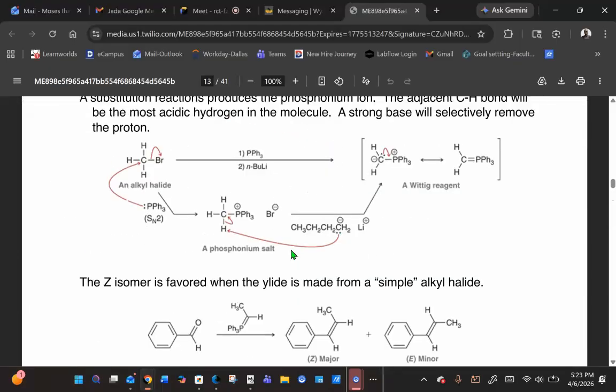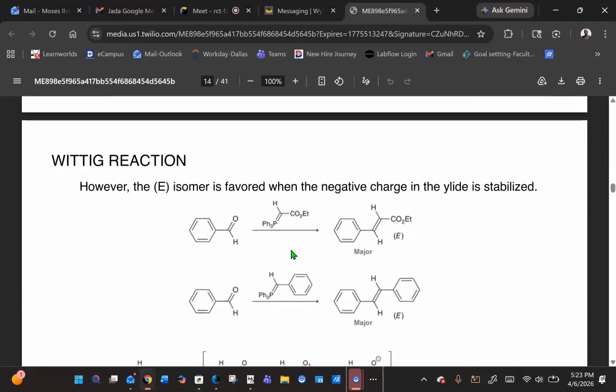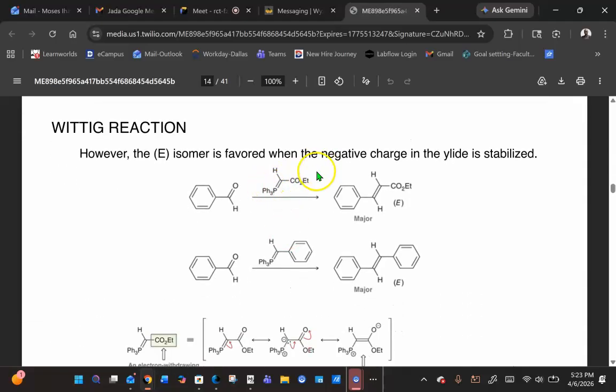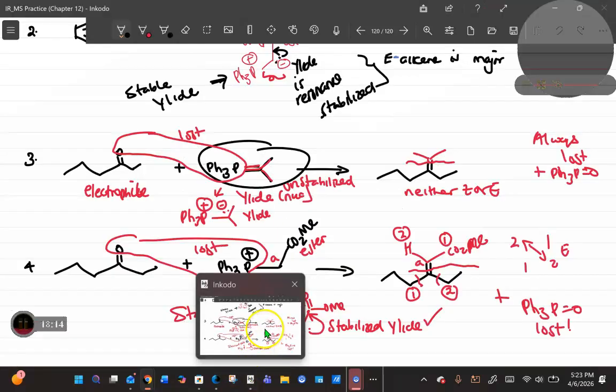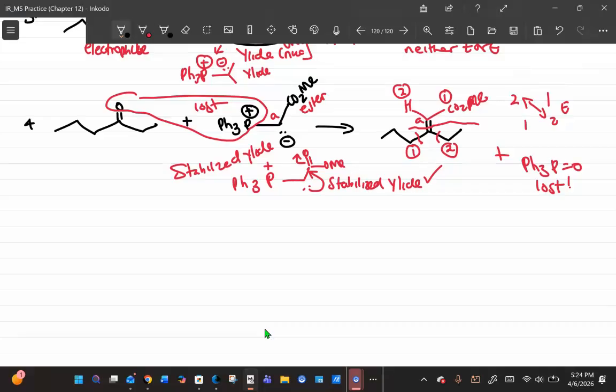So whether you have the PPh3 with the ester, or you have the P(O)OMe with the ester, go for the E. Let me show you something here, just to include that other reagent. It's not always OMe, sometimes it can be OEt, but you don't want to put a propyl there, it will be too big.